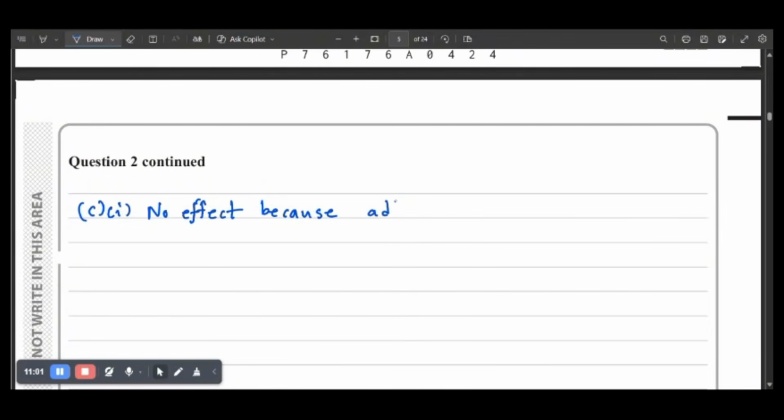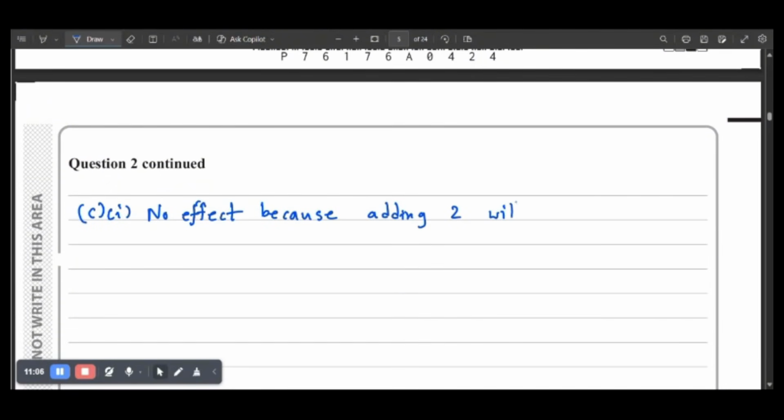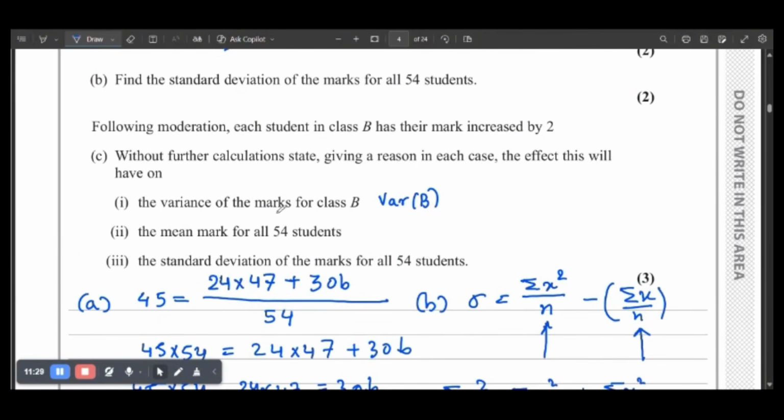because adding will not change the value of variance. For number 2, our question is the mean mark.